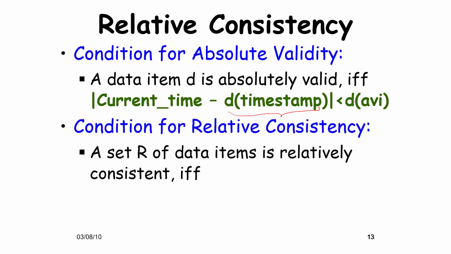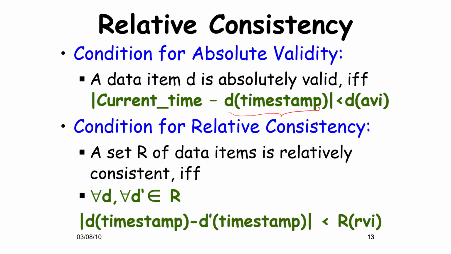So this is obvious. We have been seeing this in many forms. For relative consistency, on the other hand, we don't look at one data item, but we look at a bunch of data items, right? So a set R of data items is said to be relatively consistent if and only if for any two data items D and D dash, I look at their timestamps of when they were collected, right?